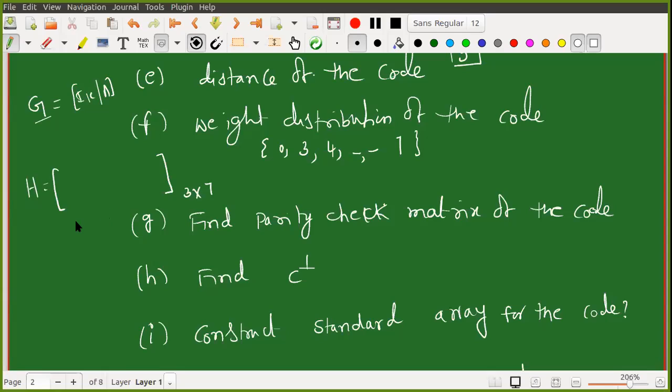Do you remember that this code is related to something? Do you remember this code is something already known? This code has some name.